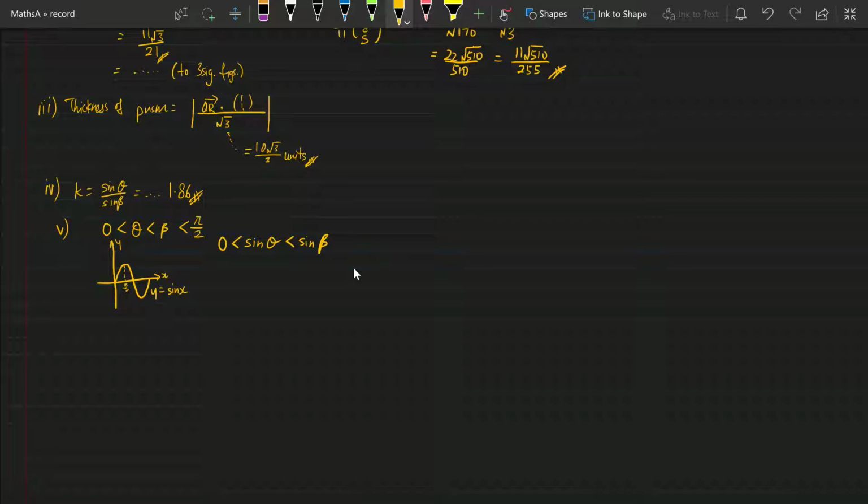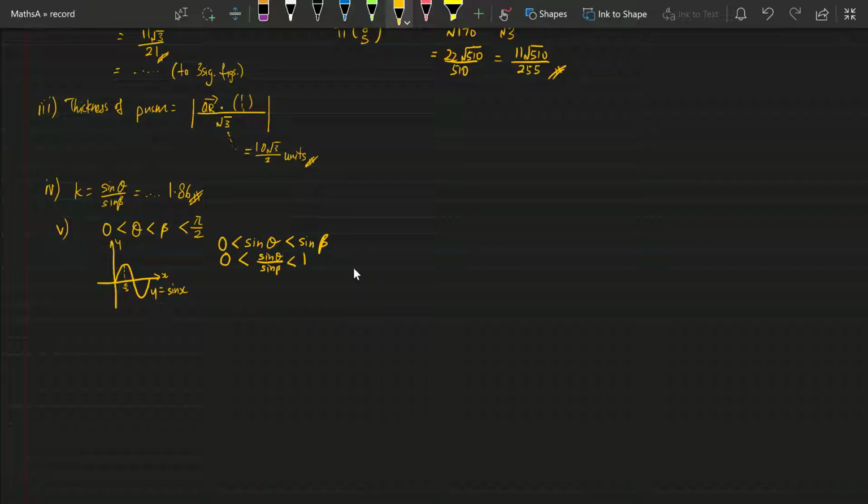So then, what can be said about k, the refractive index? Let's divide everything by sine beta. Because we know at the end of the day, k is sine theta over sine beta. So we need to get something that has sine theta over sine beta.